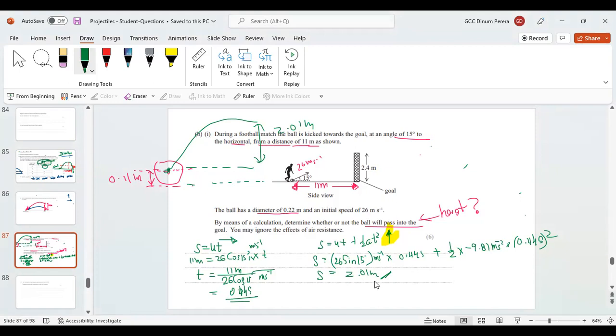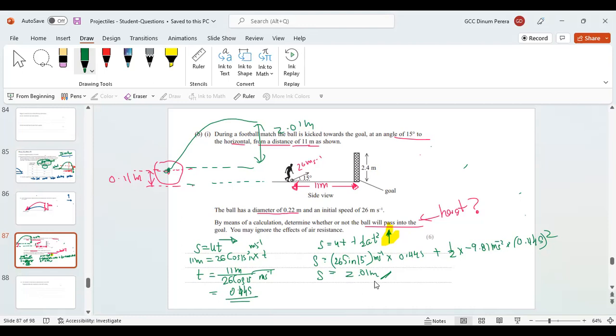It's not only the center of gravity which should be inside the goal. If the whole ball is inside, it will reach. So both are fine. We can consider 0.11 or 0.22. Both are considered correct.